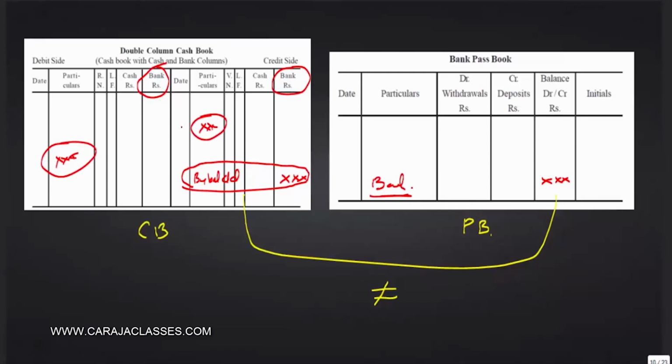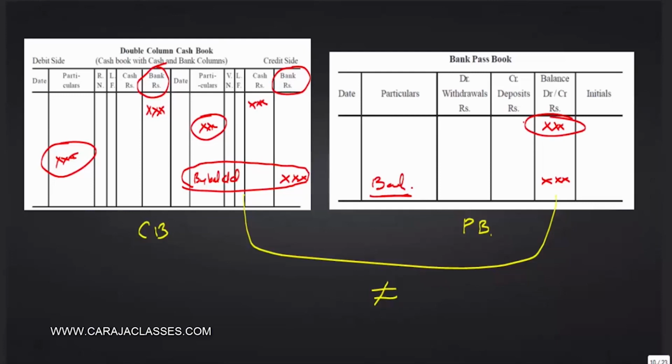In that, certain items will have a simultaneous or a parallel recording of transactions. Say for example, when you deposit cash in a bank, your cash balance is coming down and bank balance is going up, and this would immediately get recorded in your passbook also.